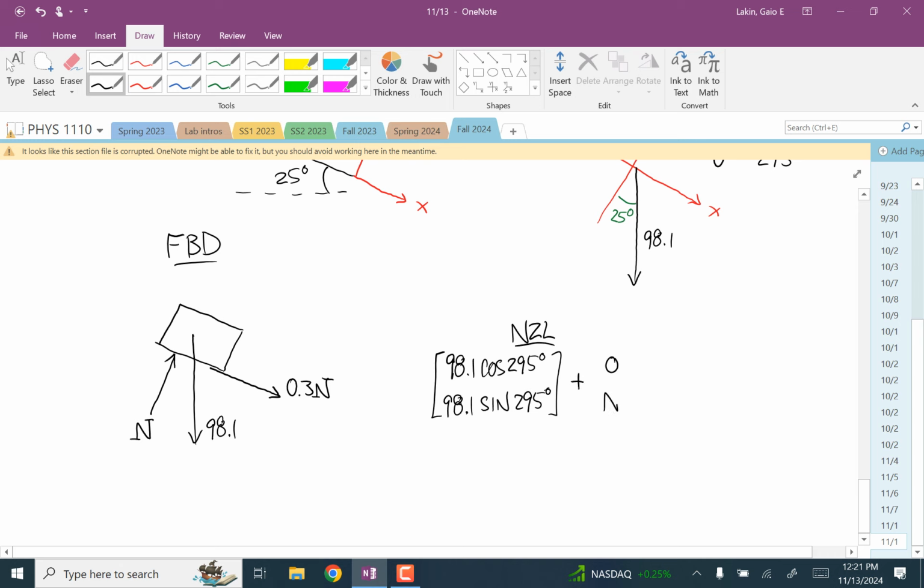And then the normal is 0, N. The friction is in the positive x direction, and that's 0.3 times N. And this is equal to the mass times the acceleration. This is going to move along the x-axis.